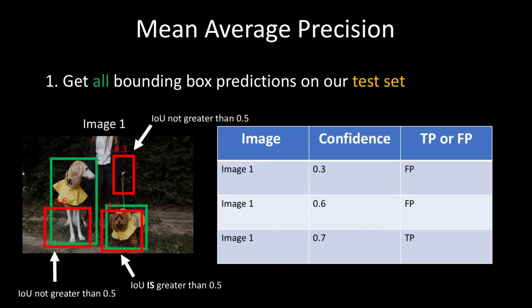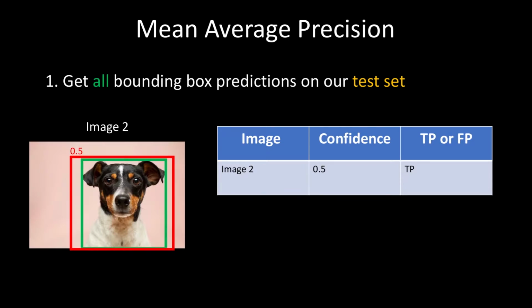That means that bounding box is a false positive. If we look at the 0.6 confidence score, we see that it seems to detect some part of the dog, but it doesn't have an IOU that's greater than 0.5. So that's still a false positive. Although if we look at the one with 0.7 confidence score, that one does share an IOU with the target bounding box that's greater than 0.5. So we say that's a true positive bounding box.